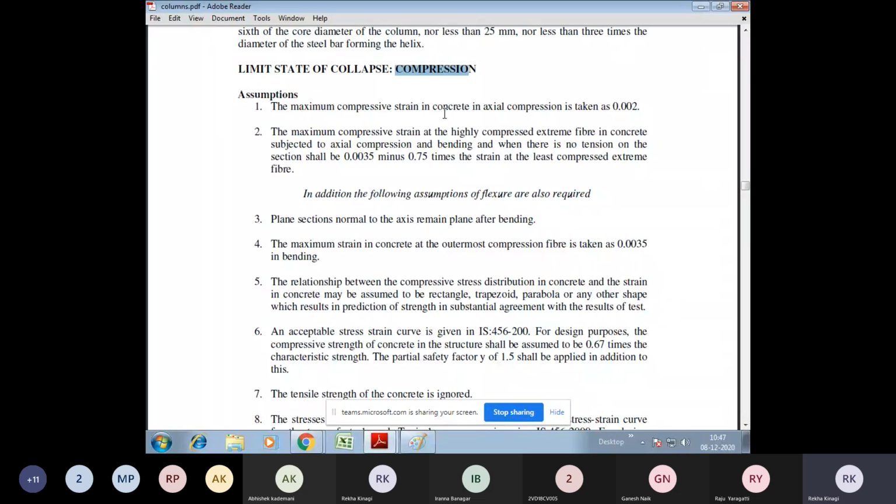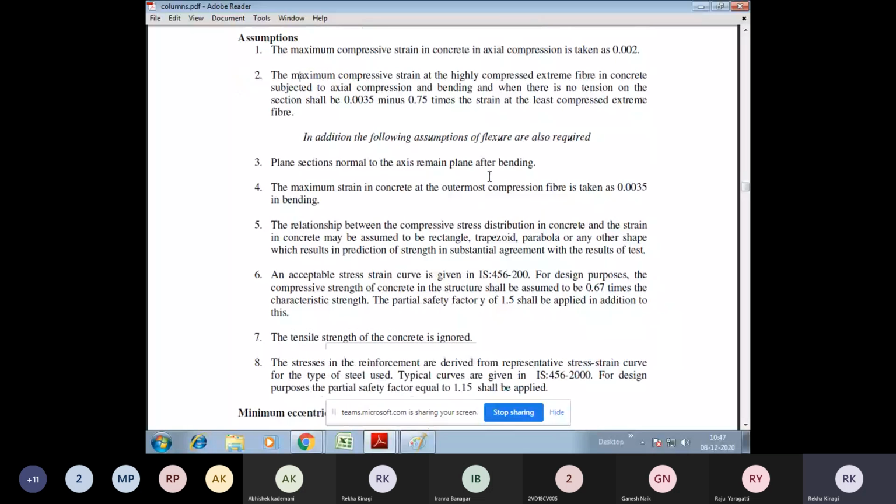And here the tensile strength of the concrete is being ignored. These are the different assumptions we can have in case of limit state of collapse.